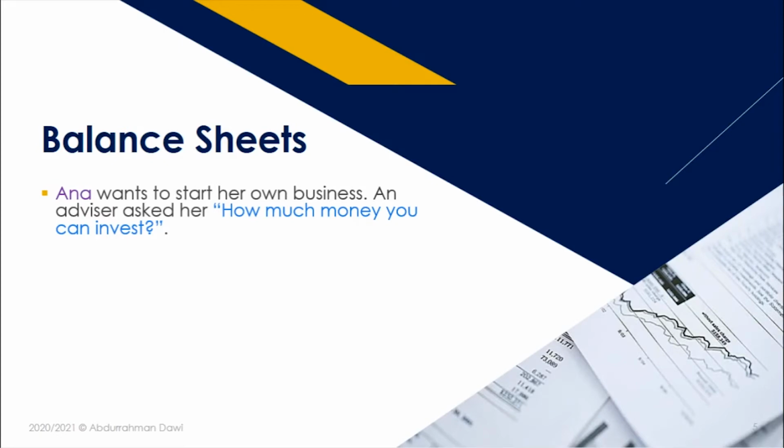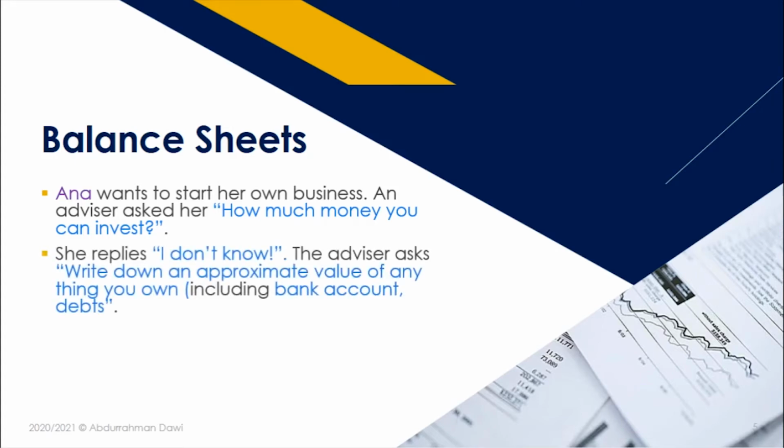So basically, Anna wants to start some kind of business. The question arises when the business advisor asks her how much money she wants to invest. Most of the people who have the money and want to invest don't know specifically how much they want to invest in a business.